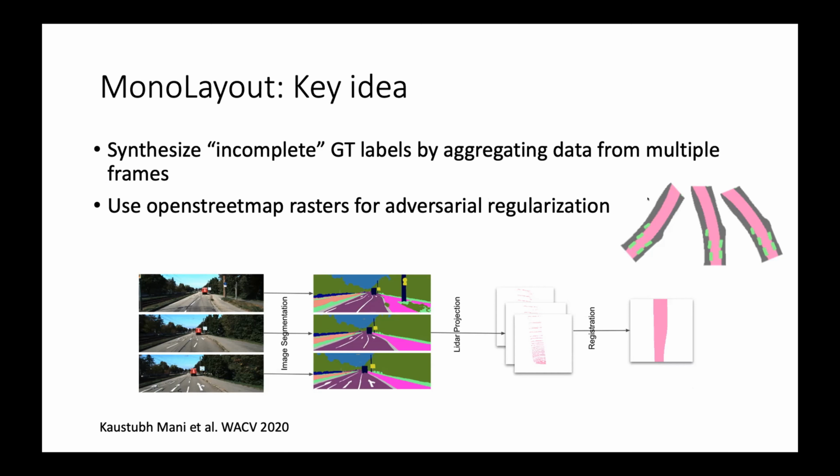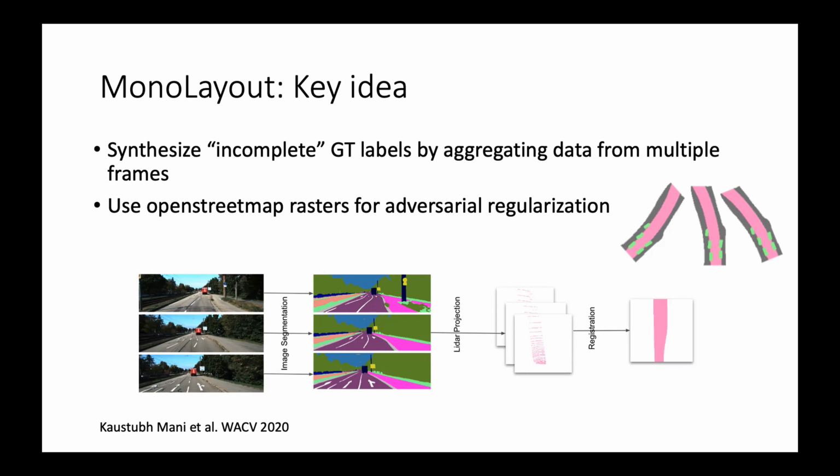And by realistic, we mean that they should resemble the rasters you get out of OpenStreetMaps. So you should not have blobby roads with lots of missing chunks, because roads are usually contiguous stretches. And if you want to have an intersection, you need to make sure that the intersection looks like a plausible real intersection.